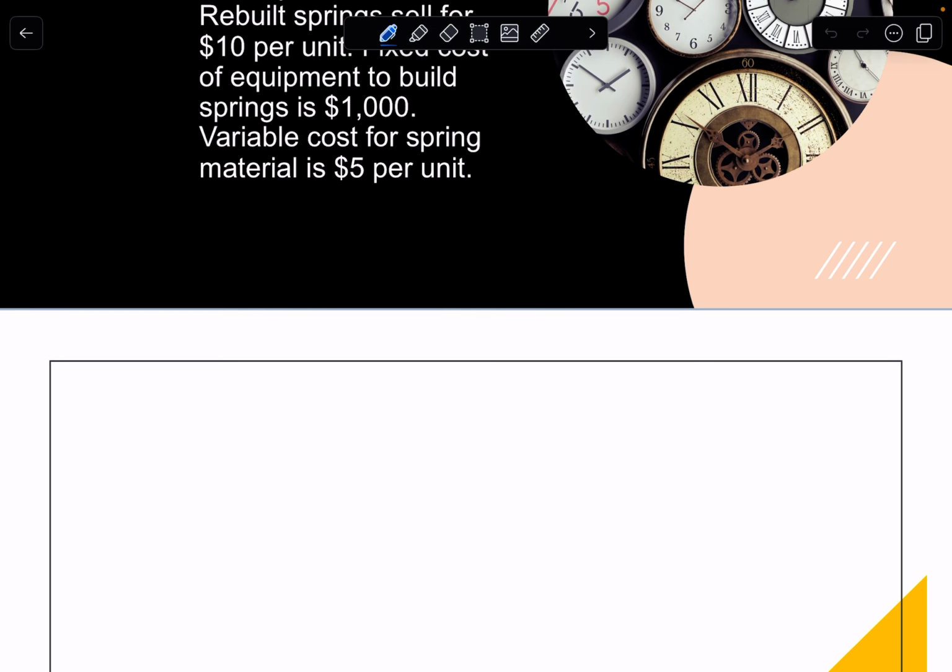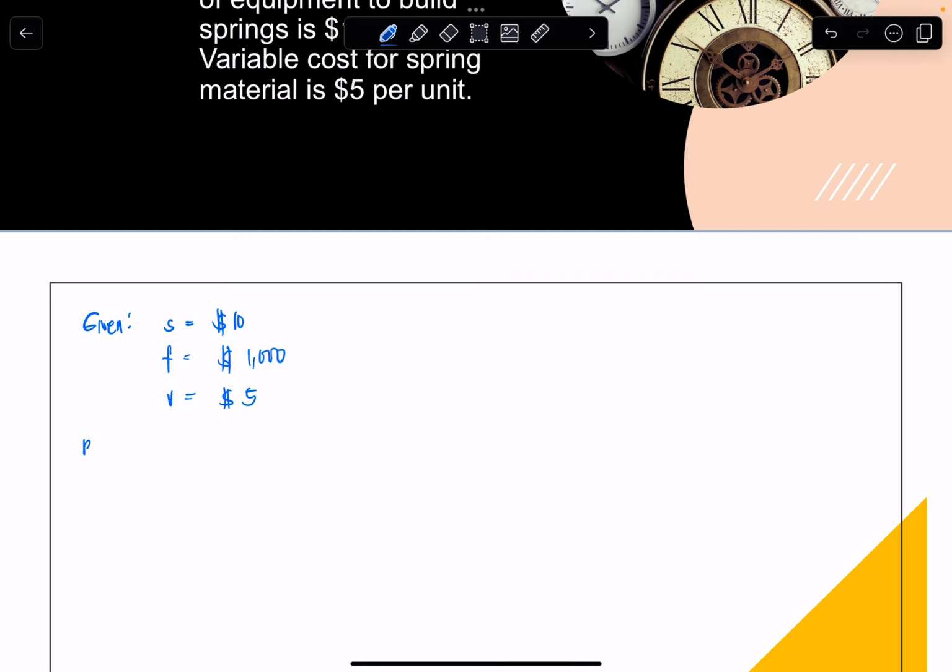Based on the given, we have the selling price of $10, the fixed cost of $1,000, and the variable cost of $5. Actually, there's no problem here, but let's just try to analyze this one.